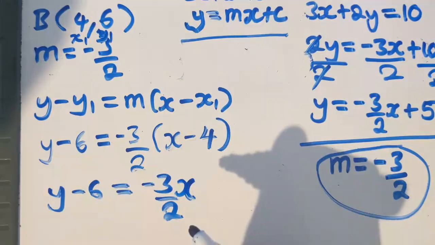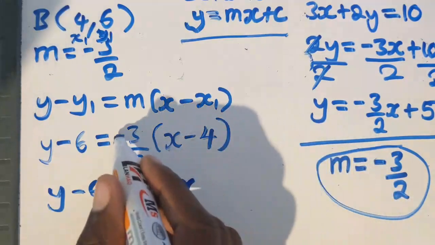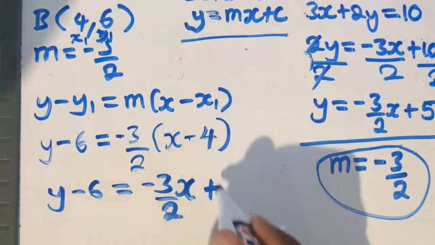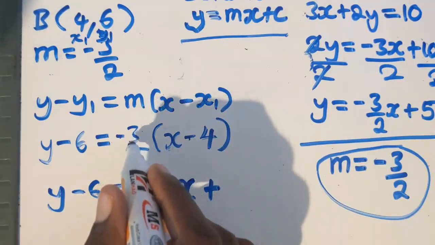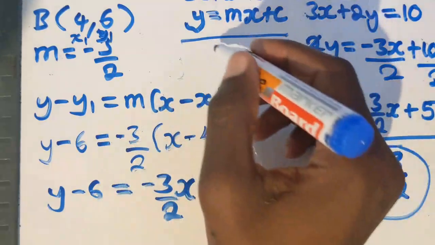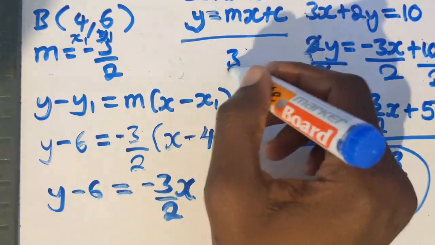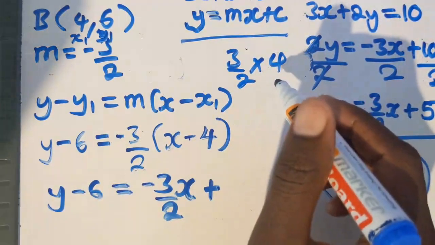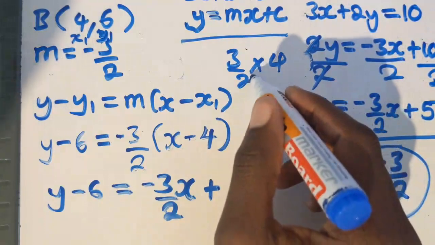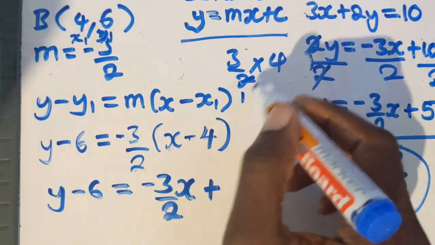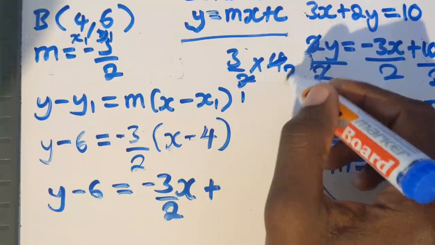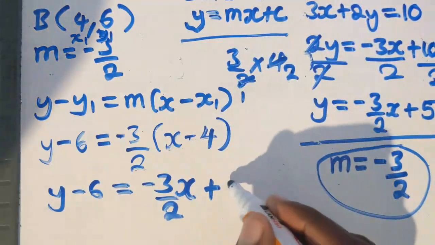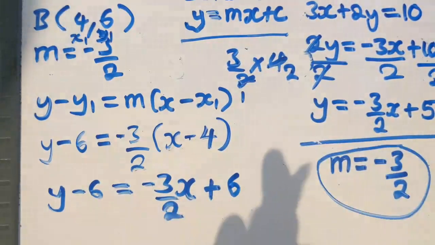Then negative times negative is positive. Then this is 3 over 2 times 4. When you are dealing with such multiplication, you divide: 2 into 2 is 1, 2 into 4 is 2. So there is just 3 times 2, which is 6. So you put the 6 like that.